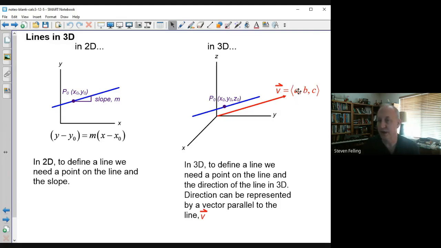So there is some vector a, b, c, which you can think of as being at the origin, moving in the same direction as the line in 3-dimensional space, potentially translated to the origin. Okay, so we again have a way to specify a point on the line and then the direction of the line, except that the direction is specified with a vector instead of with a slope if we're in 3D.